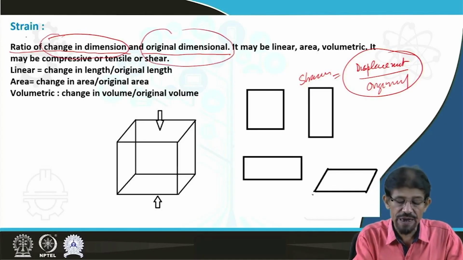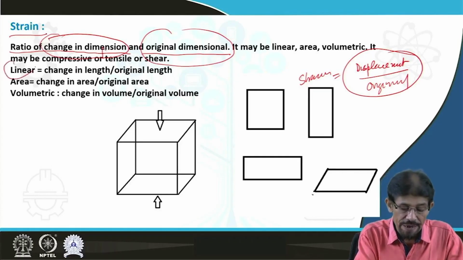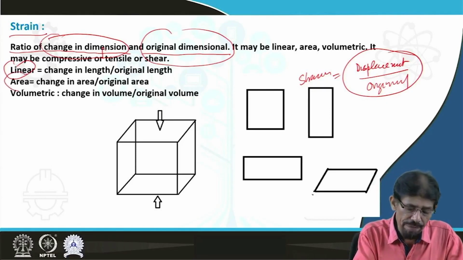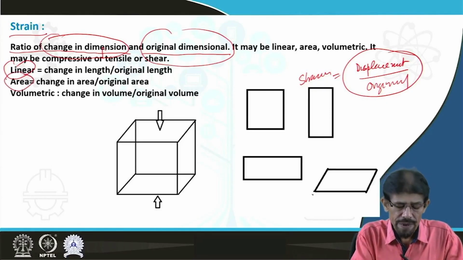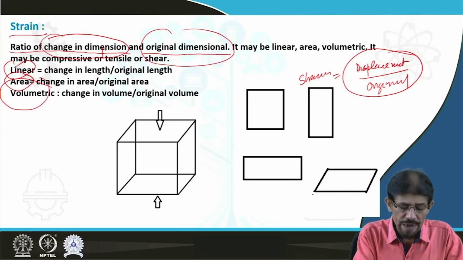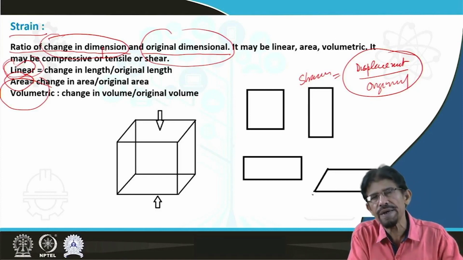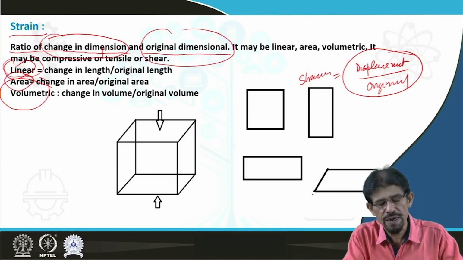This dimension may be linear, one directional, area type, or volumetric type. A change in linear fashion is linear strain. A change in area is areal or area strain. A change in volume is volumetric strain.